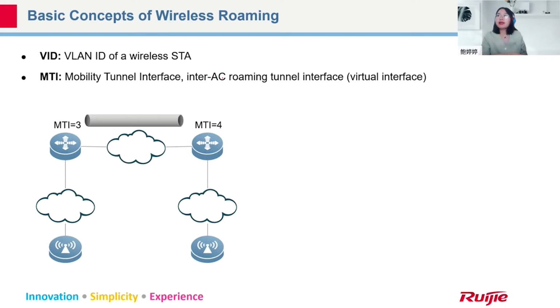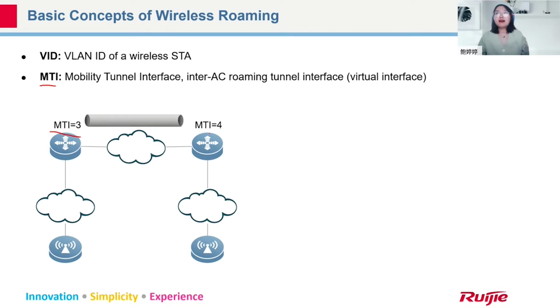And if the roaming happened between different ACs, we also will establish the tunnel between the ACs. And this value we call is MTI, Mobility Tunnel Interface. The inter-AC roaming tunnel interface value, like this topology. About the left AC, the MTI value is 3.